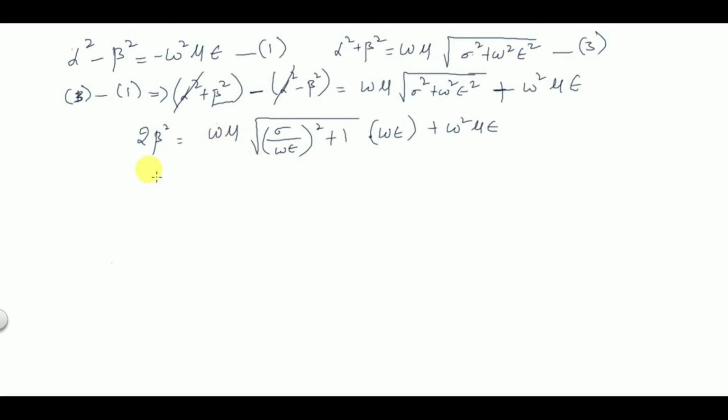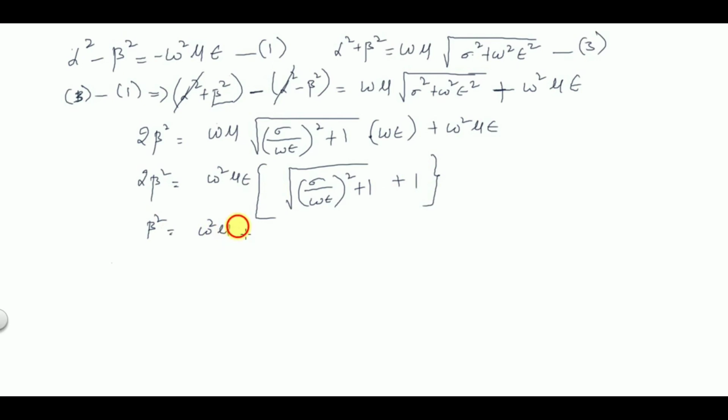So 2 beta square is equal to omega square mu epsilon, if you take common, into root of sigma by omega epsilon whole square plus 1, plus 1. So beta square is equal to omega square into mu epsilon by 2 into root of 1 plus sigma by omega epsilon whole square plus 1.